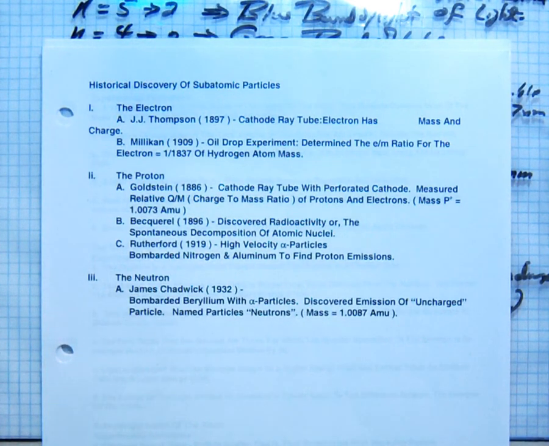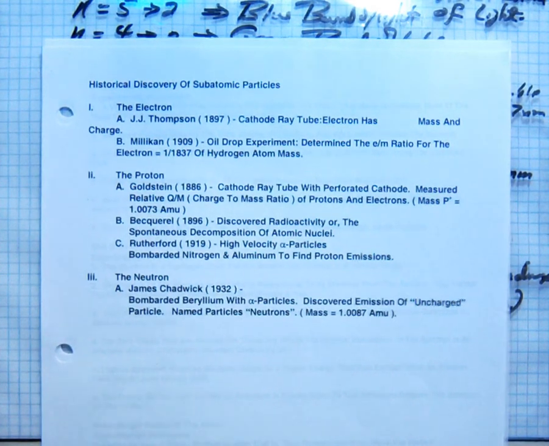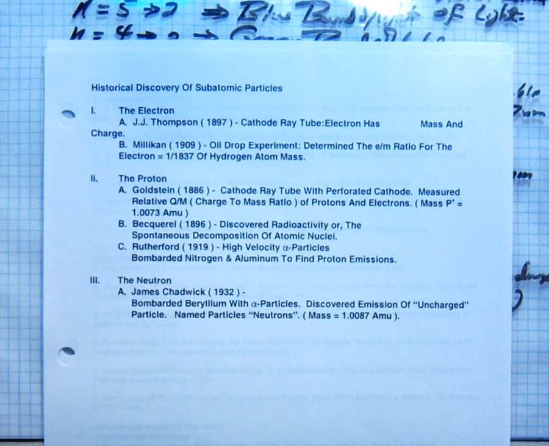That all went into the big picture. The proton was co-discovered by Goldstein, Becquerel, and Rutherford. And the neutron is James Chadwick. H.G.J. Moseley was said to have identified the proton also, but he was killed in World War I and never got a chance to publish.